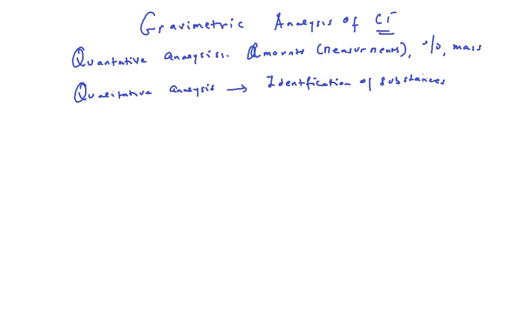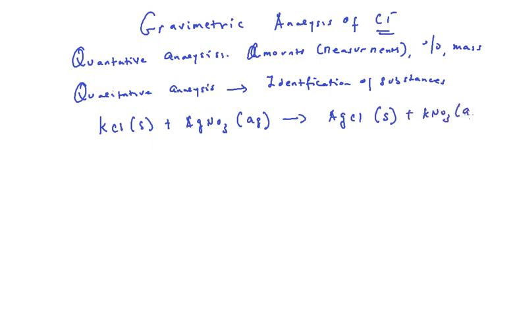First of all, let's say that you have a certain amount of potassium chloride. When potassium chloride reacts with, let's say, silver nitrate, which is used as an aqueous solution here, we get silver chloride, which is an insoluble substance, so I put S, and potassium nitrate, which is soluble, and I put AQ.